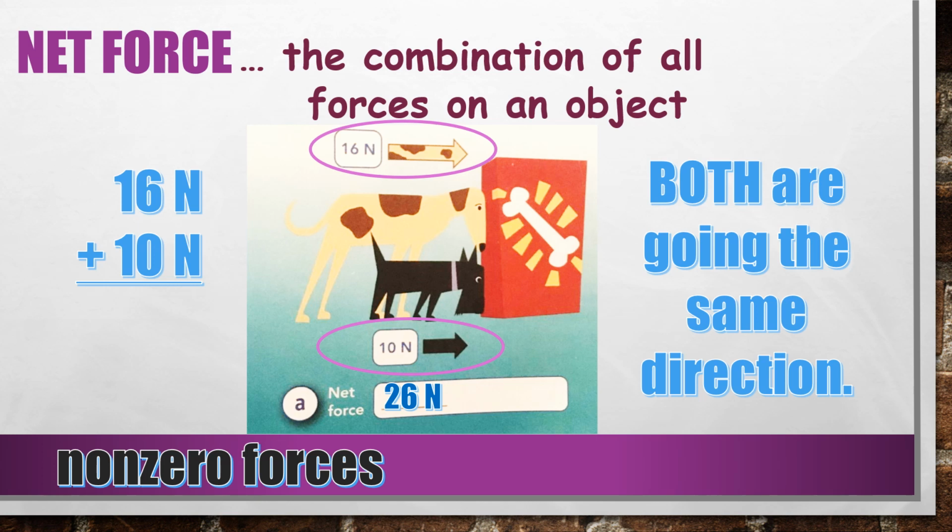The other aspect is that we also have to indicate the direction it's going in. They're both pushing in the same direction, so I'm going to have a bigger arrow because I combined my forces, and we're going to point to the right because that's the direction they are leading you. Both are considered non-zero numbers because 10 and 16 are both greater than 0. Hopefully that was pretty easy to understand.